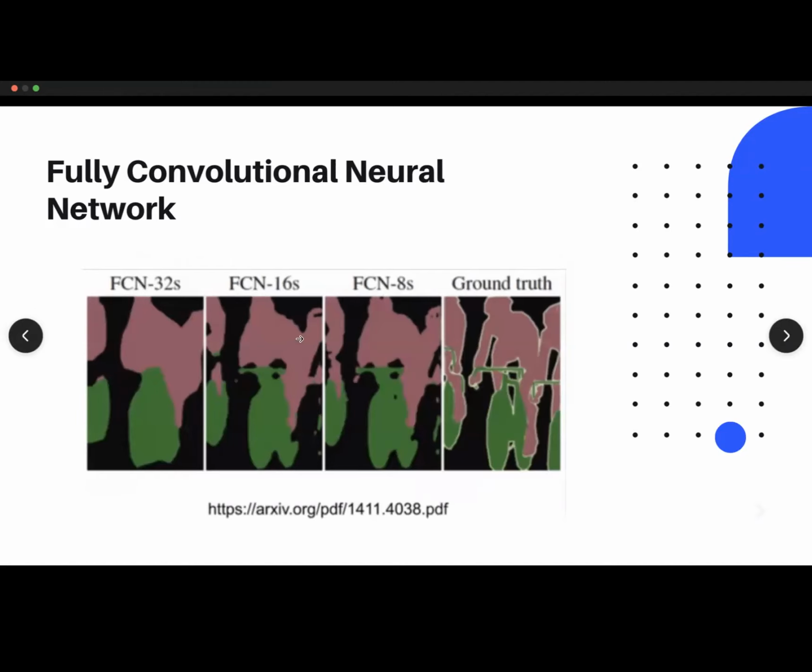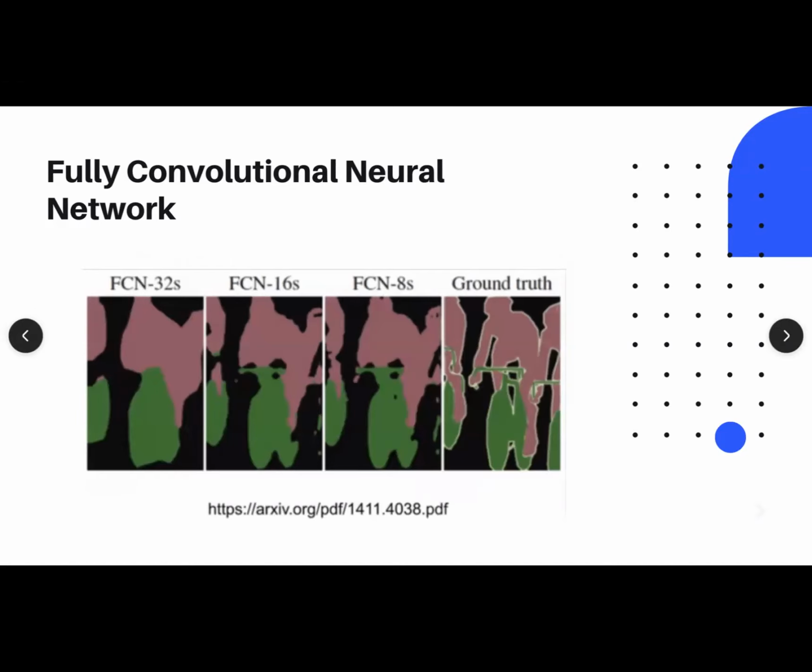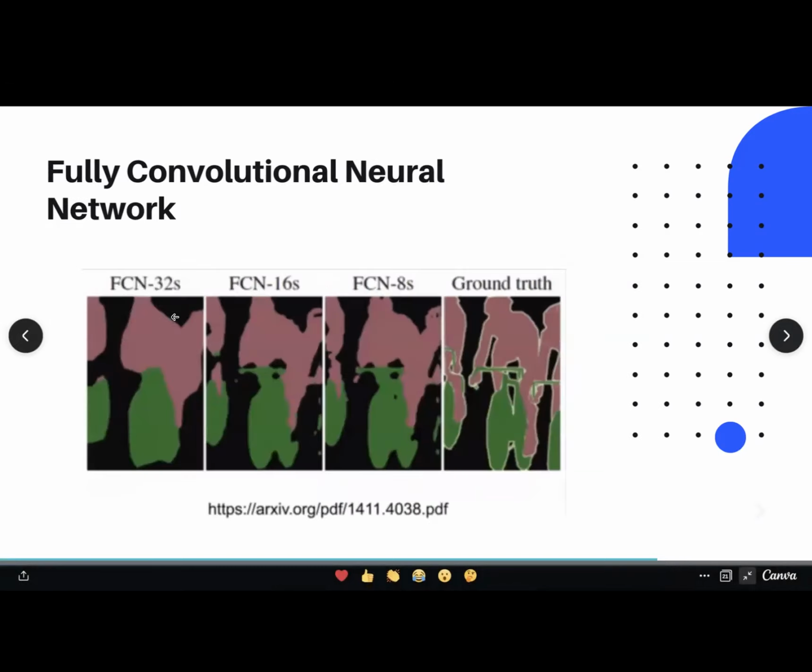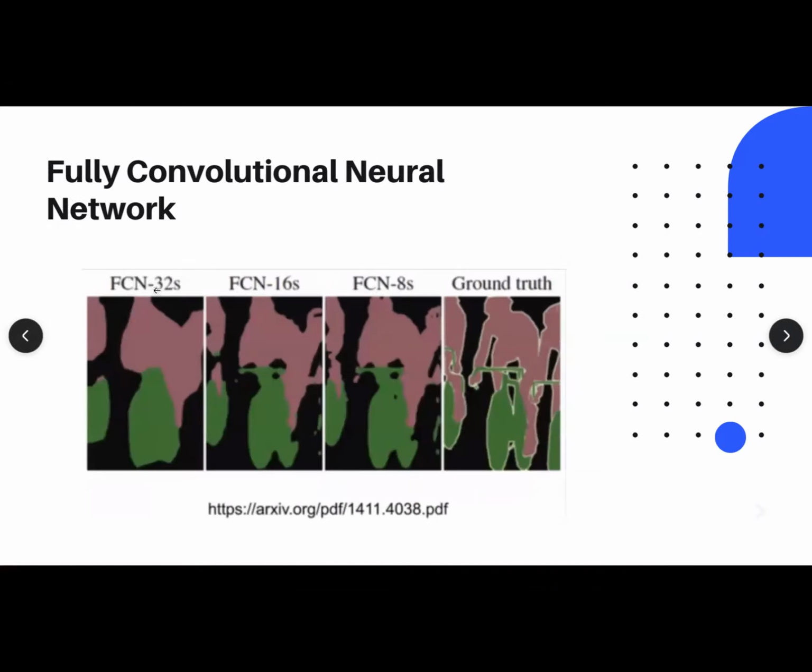So I don't think we can go much in depth about the differences between fully convolutional neural network of 32 stride, 16 stride, and 8 stride, and the differences between them.